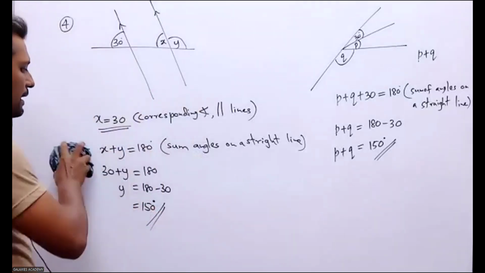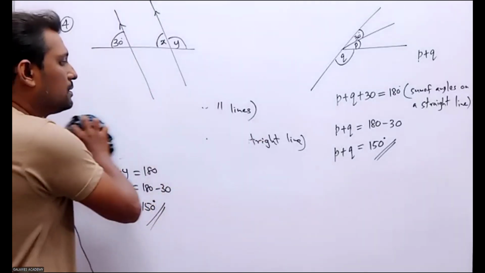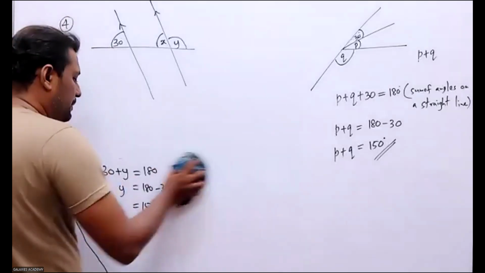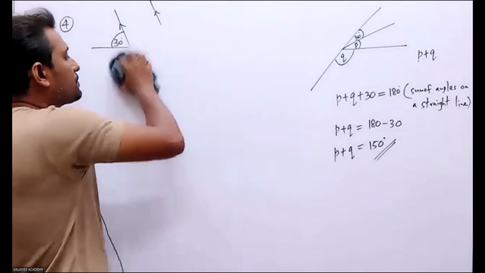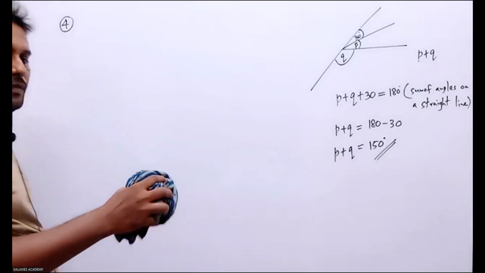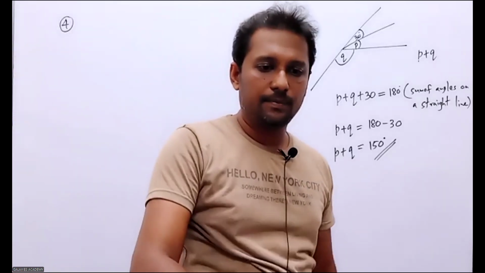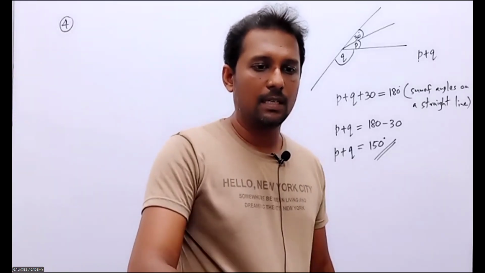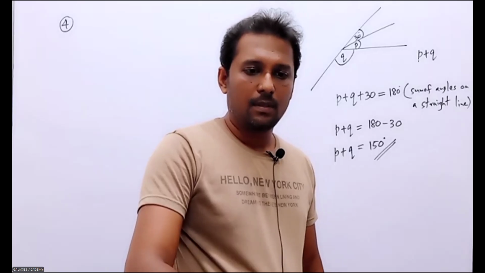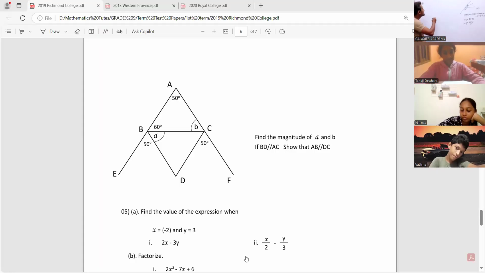Right, then another diagram is given for the fourth question. First, I will draw the diagram, then we can check the answers. The diagram is given like this.